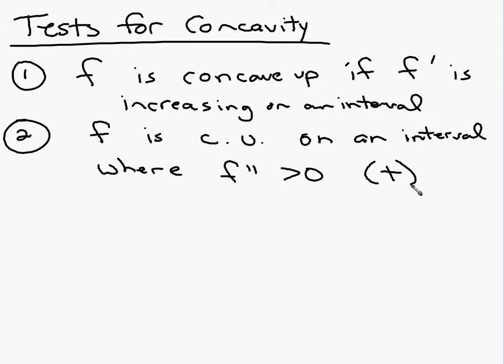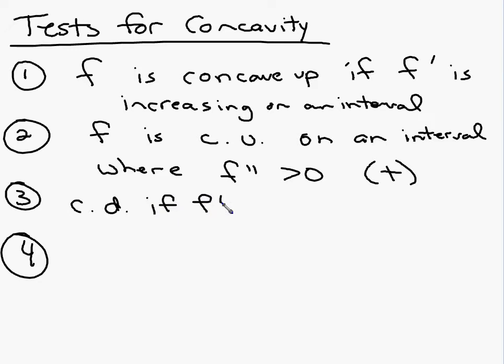The opposites of this are true. Okay? So, I guess for the sake of time, we'll just say concave down if f prime is decreasing. We'll try to save ourselves some writing here. And concave down if the second derivative is negative.